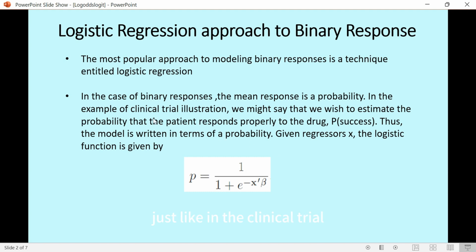Just like in a clinical trial, we know the characteristics or explanatory variables of the patients, and we want to estimate the probability of success based on them. Note that this probability expression is not a linear function, while the combination of explanatory variables and parameters is linear.